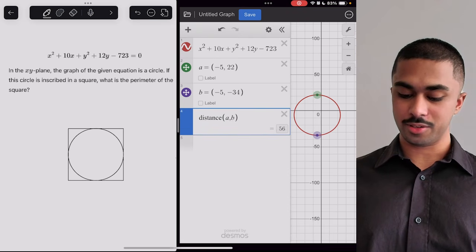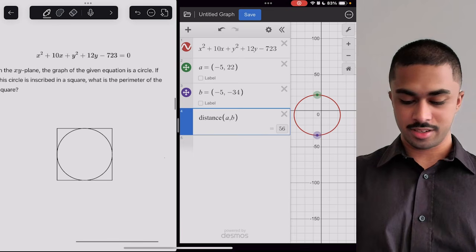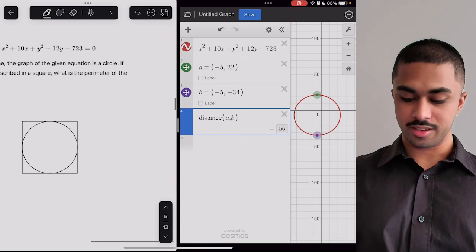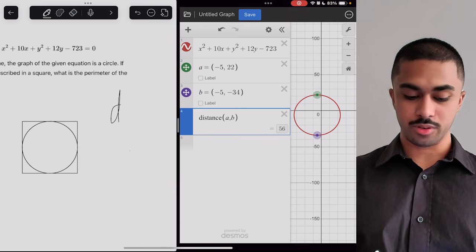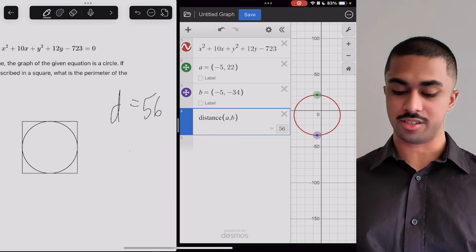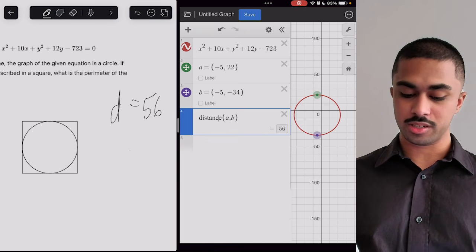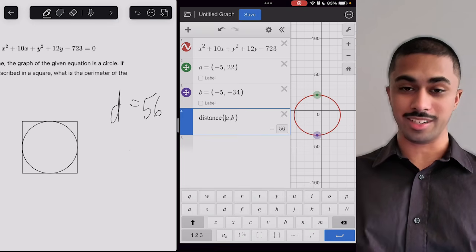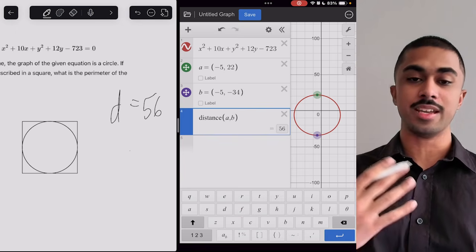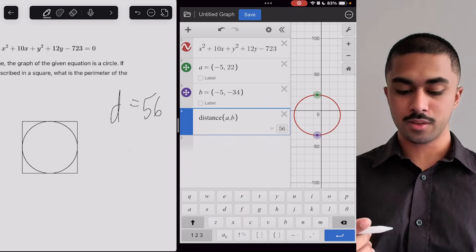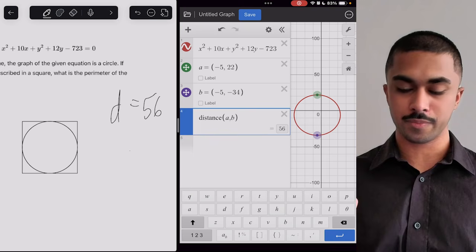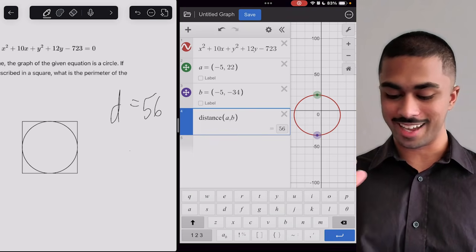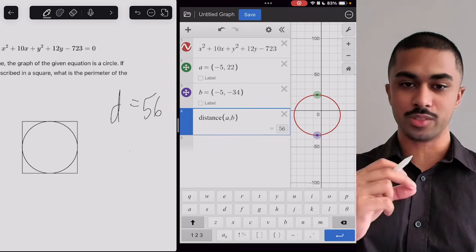And I think that you understand that this is basically the diameter of the circle. So the diameter of the circle is 56 units. All the distance function does on Desmos is the distance formula. If you don't know what that is, you don't need to know. All that means is that it finds the distance between 2 points.